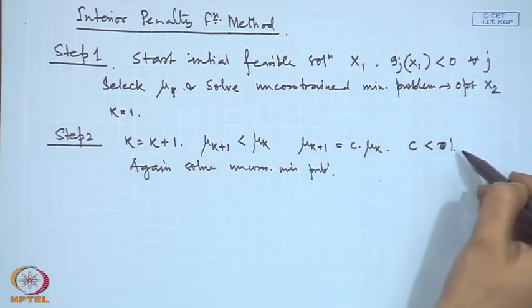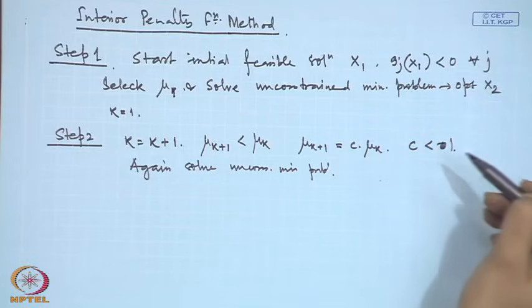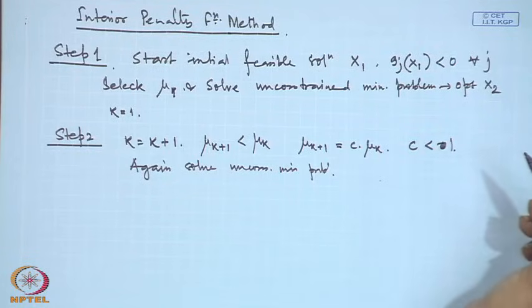Thus, the limit point of the sequence of optimal solutions achieved through the interior penalty function method is the optimal solution of the original problem. Now, let us consider one nonlinear programming problem and solve it.